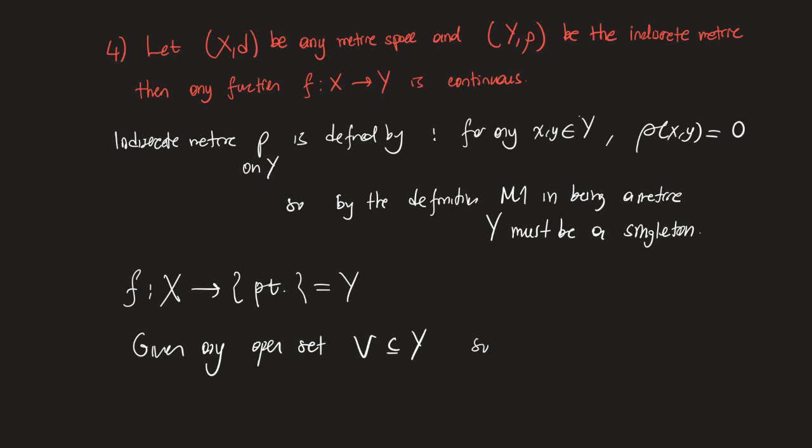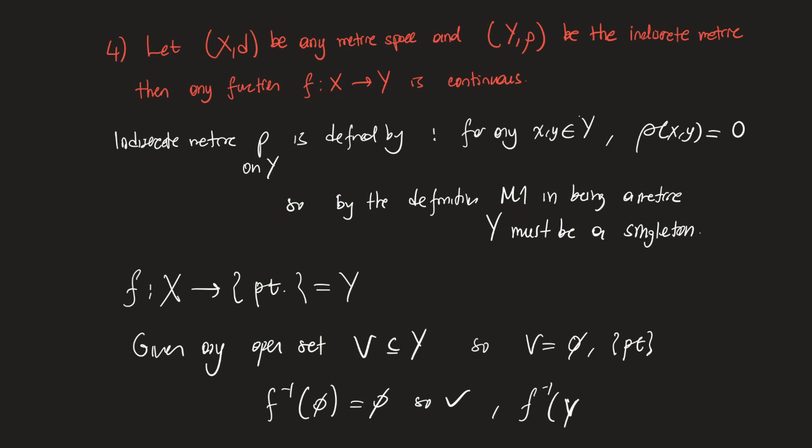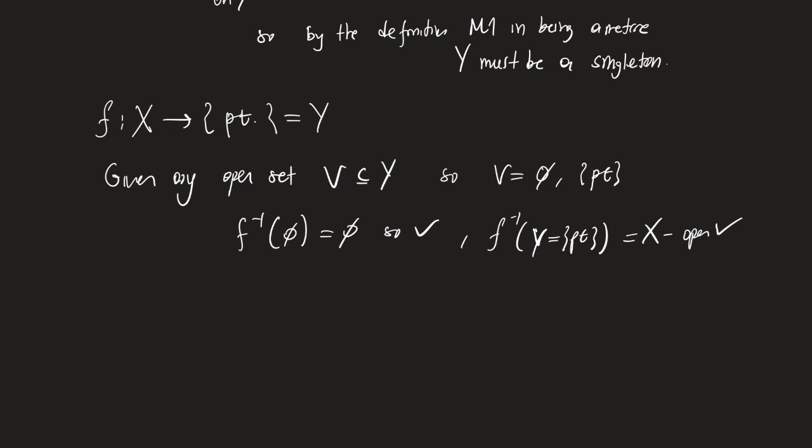Okay, so V is either the empty set or the point. So f inverse image of the empty set is by definition empty, right? So check f inverse of the whole set Y, I mean, yeah, or point. So it means this function is taking every point. So this is X, so it is also open, so it is also checked. So f is indeed continuous. Yeah, I know that this is a bit trivial, but yeah.